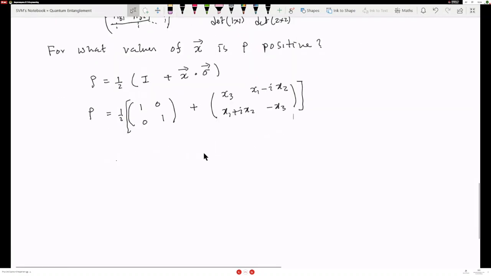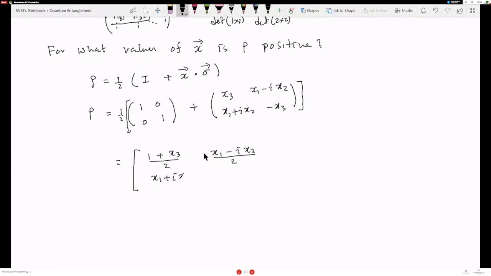So as a result, we have a matrix which is (1 plus x3) by 2, (x1 minus ix2) by 2, (x1 plus ix2) by 2.